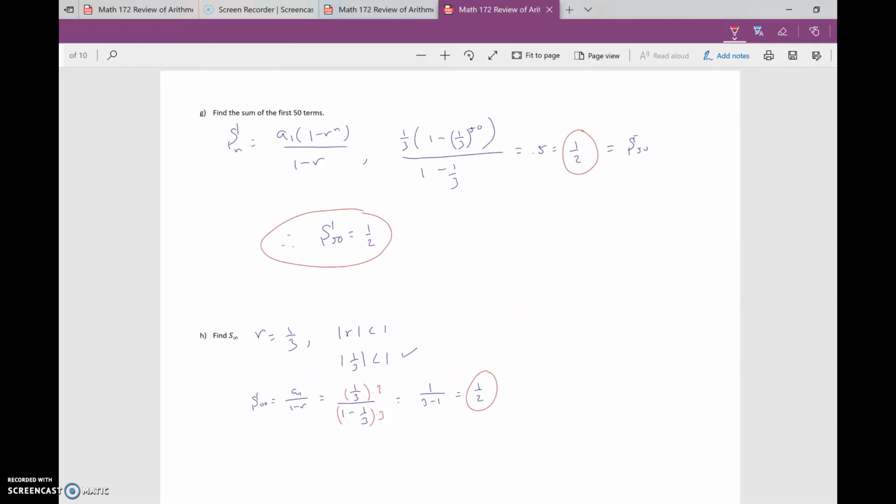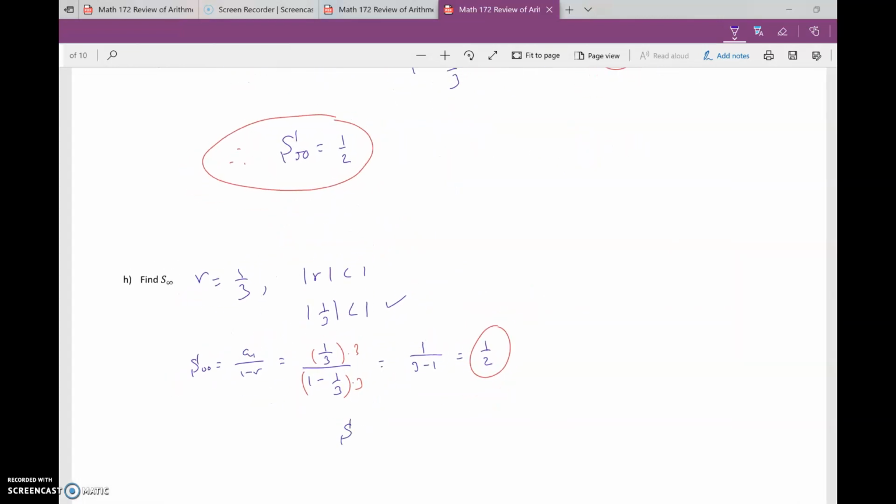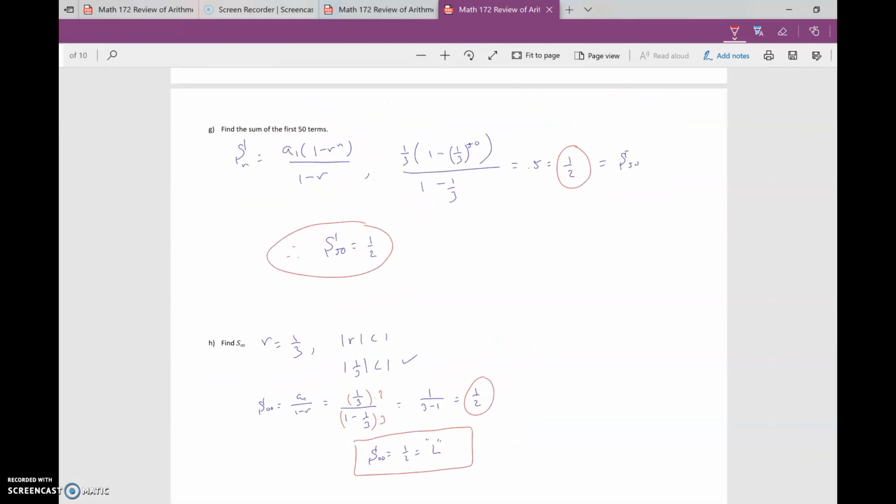And in this case, we would simply say that S infinity is equal to 1/2. In terms of the notation, some books call that L, which is the actual limit of the sum. You can leave it as S infinity, but for this particular one, it gave us the results that we want.